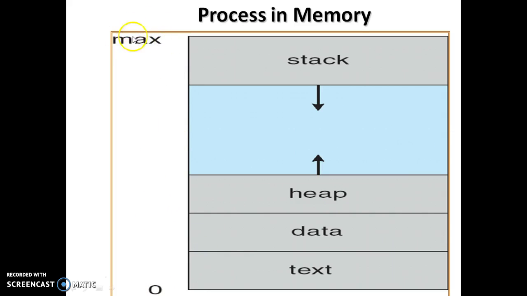Max is a dynamic value defined by the process as per its requirement in the operating system to execute. It has multiple parts, but some of the most general parts to consider are text, data, heap and stack. Each component of a process has its own functionality and they are placed in the main memory to execute.